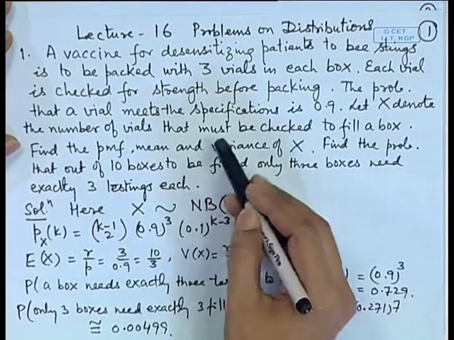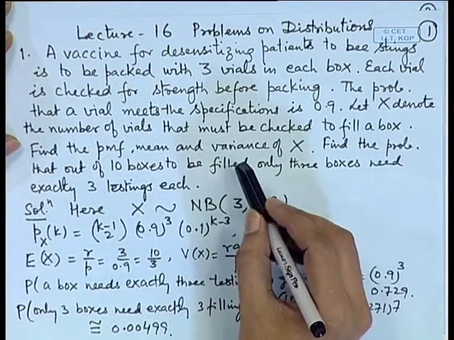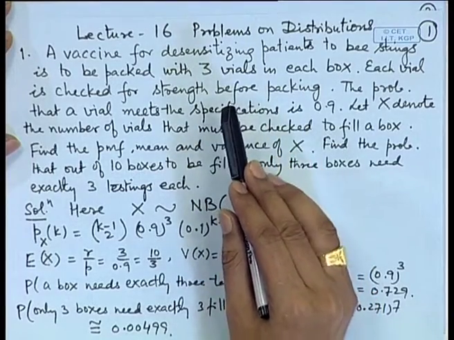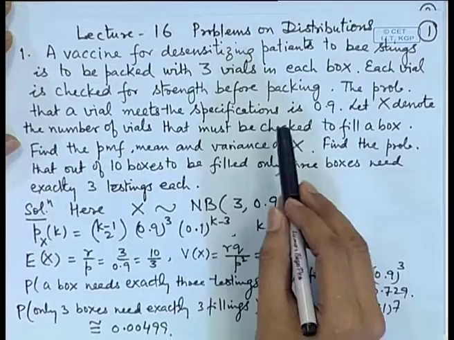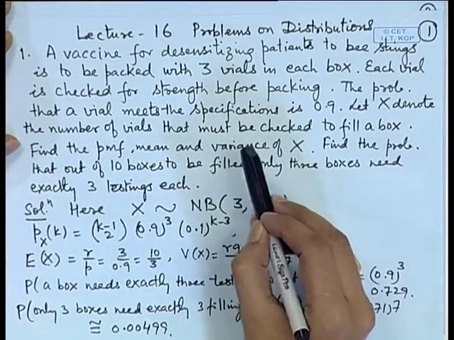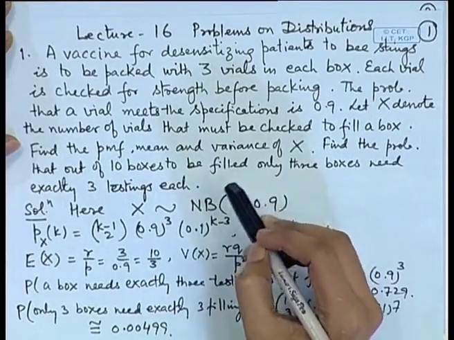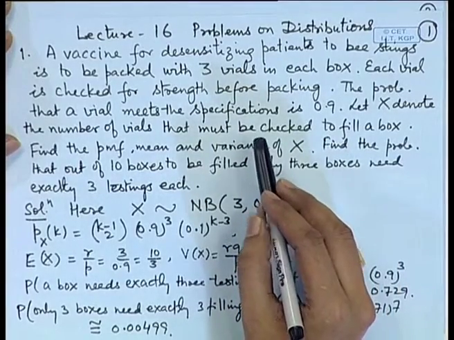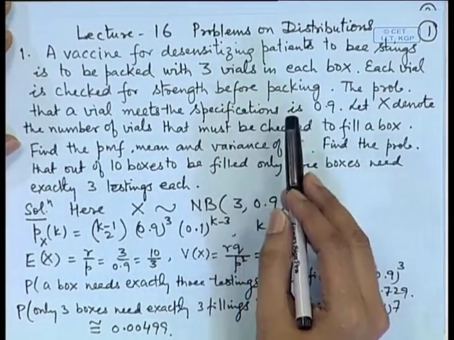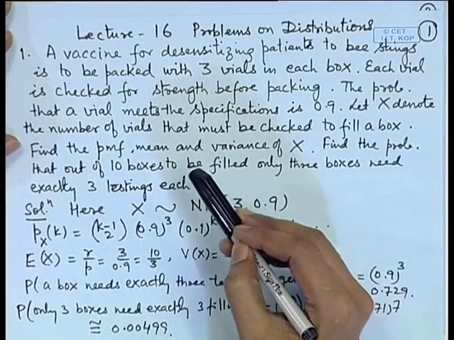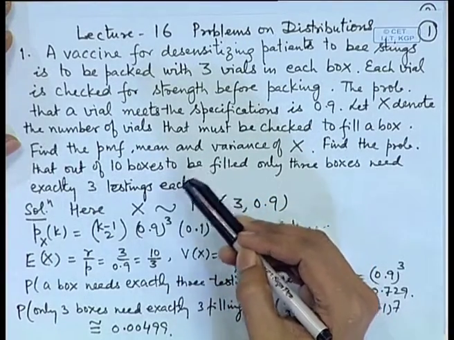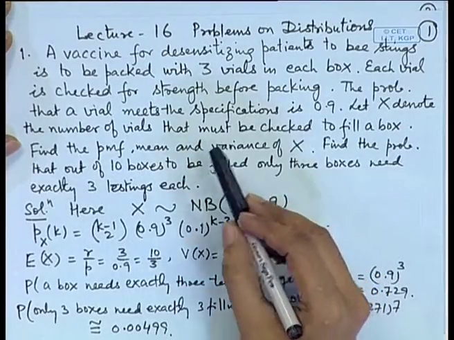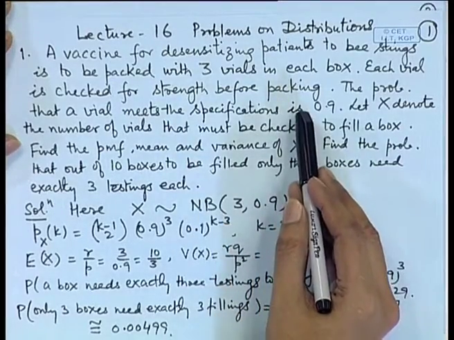Now, let us look at the setup of this problem. In each box we are packing 3 vials, but each vial has to be checked. So, it may meet the specification or it may not. We are assuming that all the vials have identical probability of meeting the specification and each check is done independently.